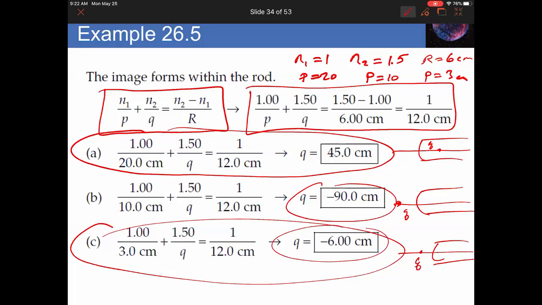That means for A, the image is real. For B and C, the images are virtual, because Q is always negative for virtual images, in both mirrors and lenses technically. So if Q is negative, you always get a virtual image, and it's in front of the surface in both cases.